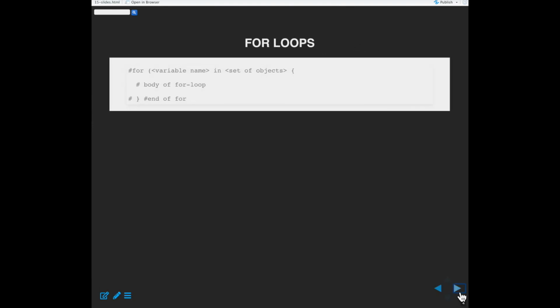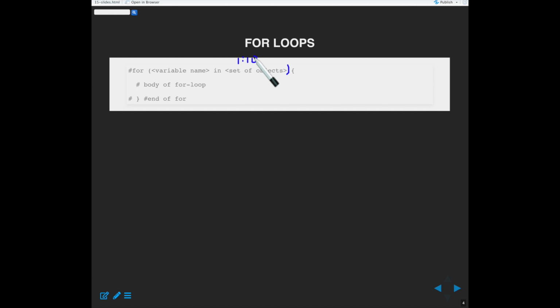Another example. Okay, so sorry, in general, for loops have this structure. Whoops, and I missed a parenthesis there. For, and then the variable name, in our last example that was i, in, and then a set of objects. In the previous example, we saw that the set of objects was the integers 1 to 10. But it could be anything. It could be names or logicals.